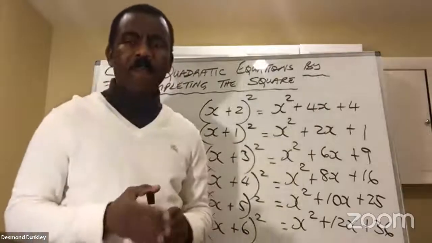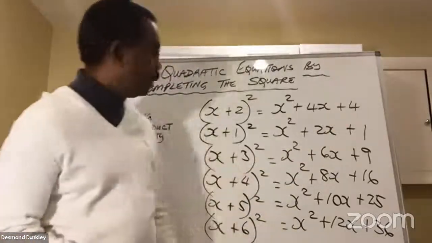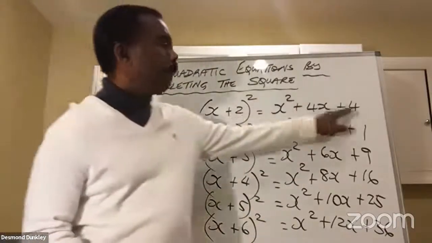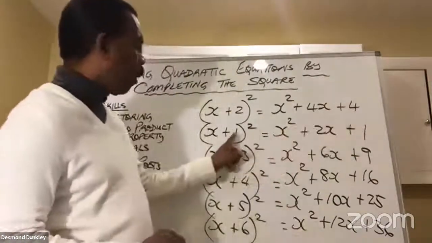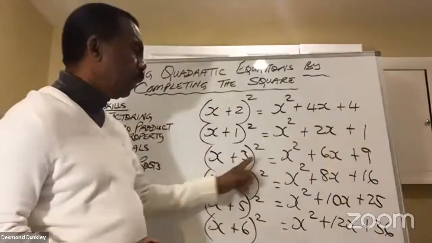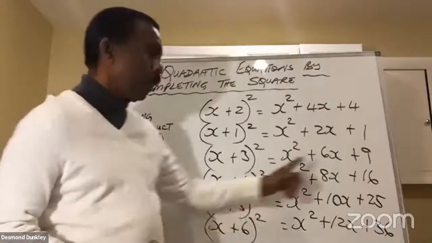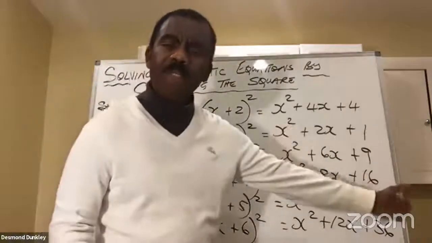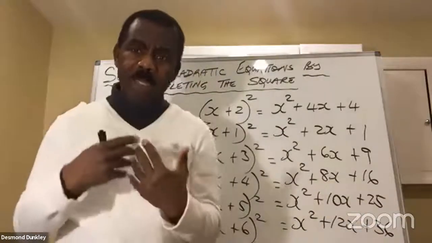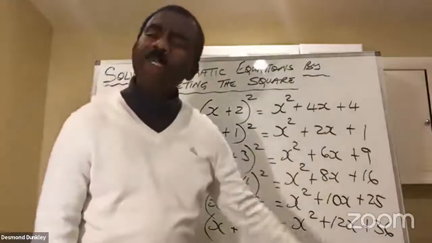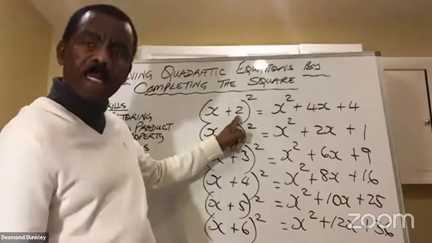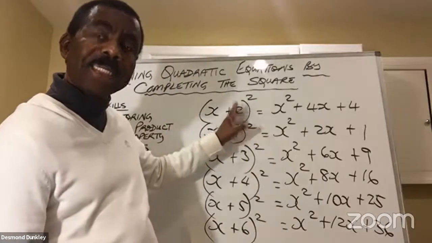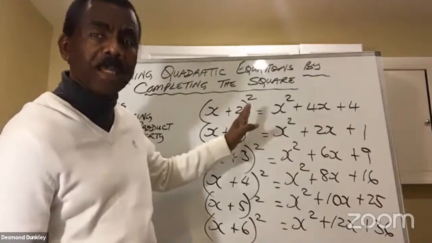Keep that in mind. Now, what about the last term? Well, we have 2, we have 4. 1, we have 1. 3, we have 9. 4, we have 16. What's the relationship between this number and the last number? It seems to me that the last number is obtained by squaring the second number in the constant in the binomial.